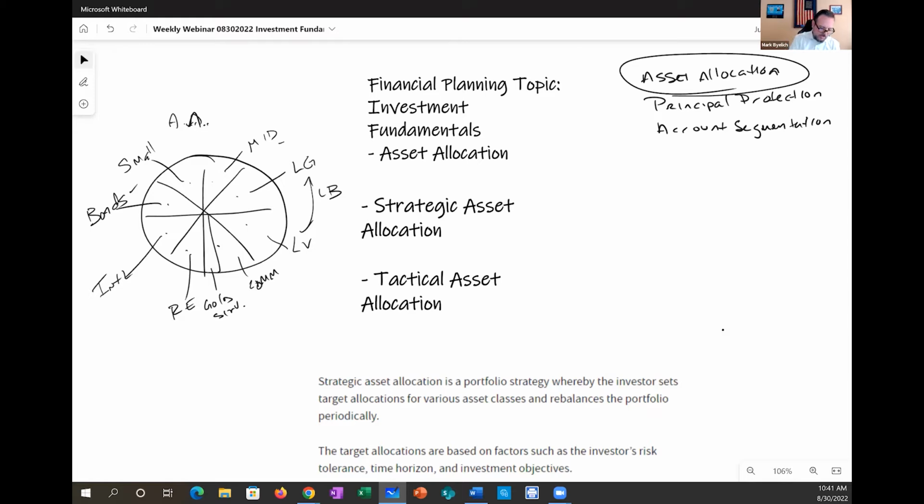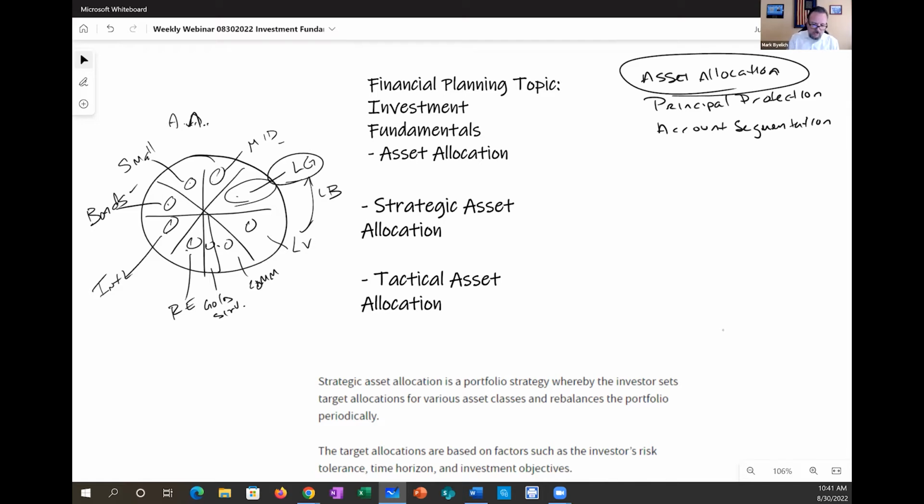So you determine how much you have in each one of these pie charts. And then, of course, you have to determine the investments that go into there, and make sure they're the best investments available. We're going to talk about how we work through that, like how do we decide what the best large company growth fund is, or the large company growth exchange traded fund? We'll talk about that.